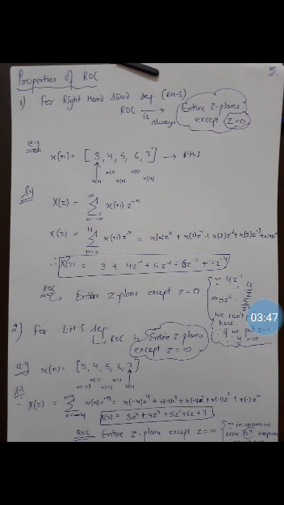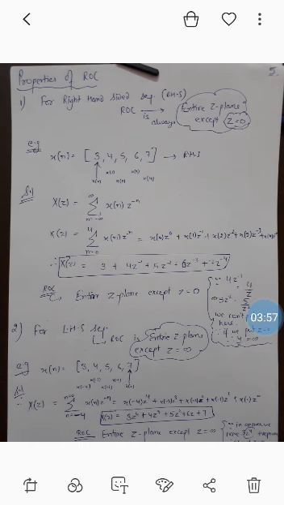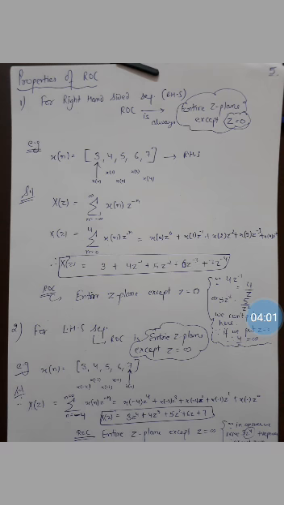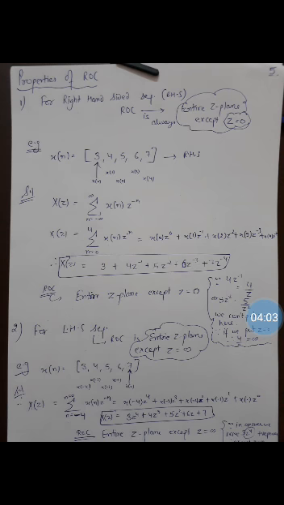X of z will be equal to summation 0 to 4 x of n z raised to power minus n. Put in the values of n: x0 z raised to power 0 plus x1 z raised to power minus 1, because in the formula we have z raised to power minus n, plus x2 and so on. Put in the values of x0 to x4, as given in the question. That means 3 plus 4z inverse plus 5z minus 2 plus 6z minus 3 plus 7z minus 4.